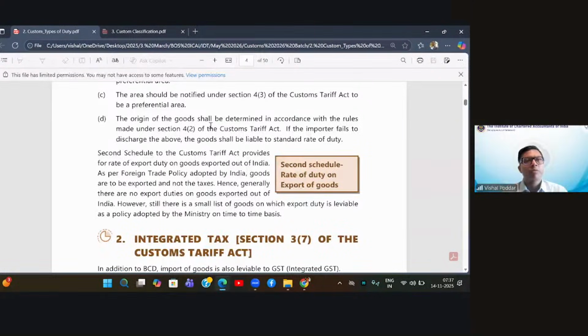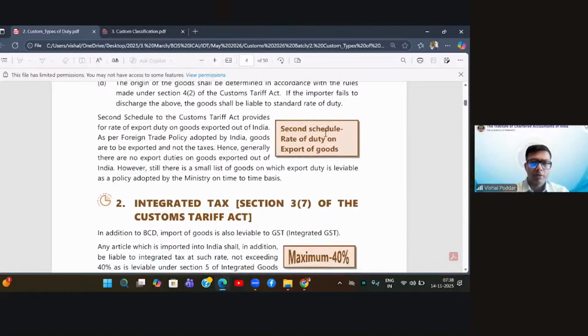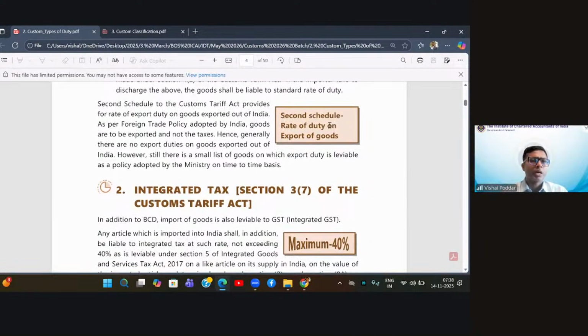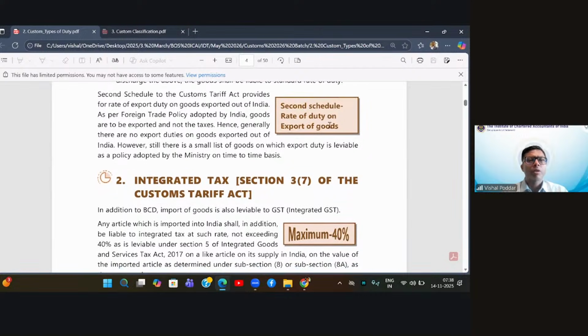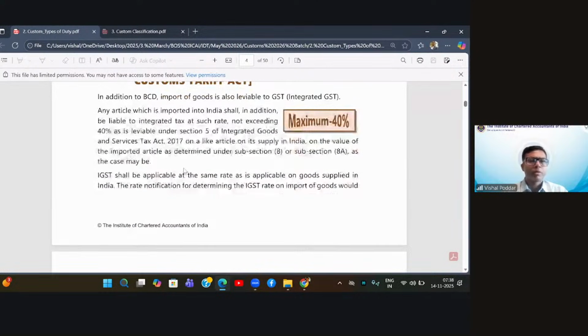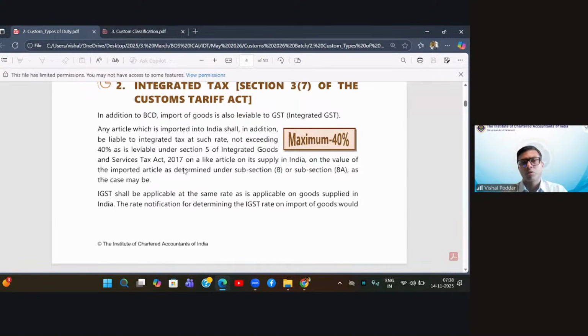So you have to prove that these goods are originating from that country only, so that your goods become eligible for the lower rate. Then the next schedule, as we discussed, is for export duty. The majority of exports are exempt. However, for a very small list of goods, the government has levied export duty for the purpose of controlling and regulating those goods.